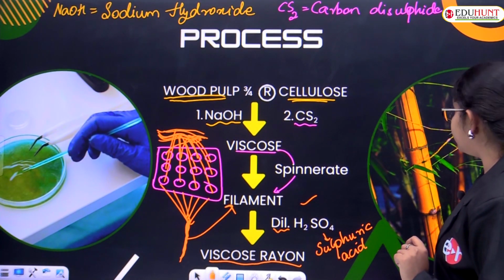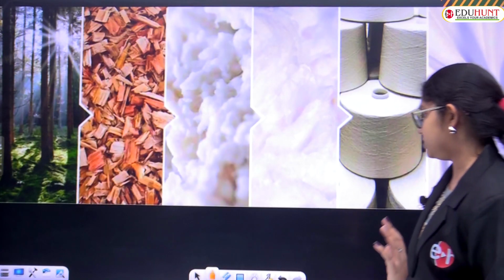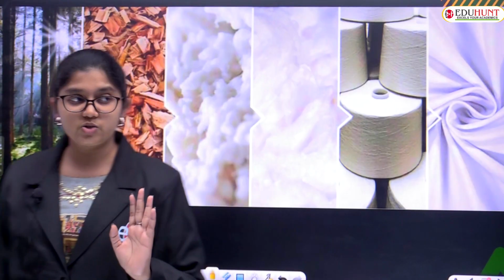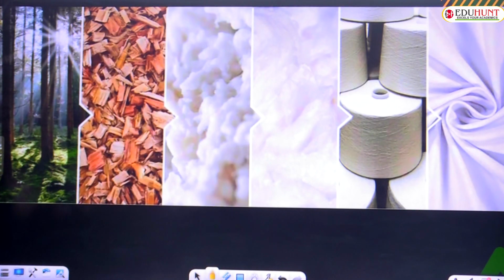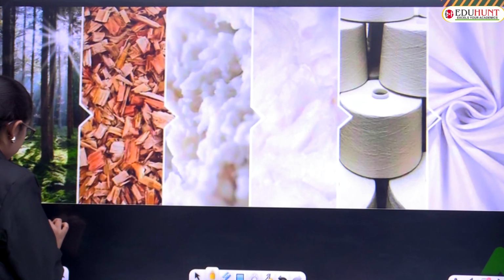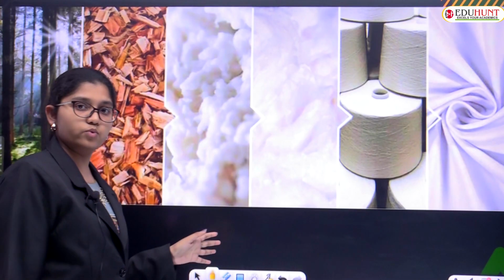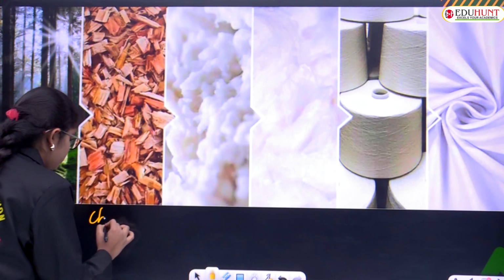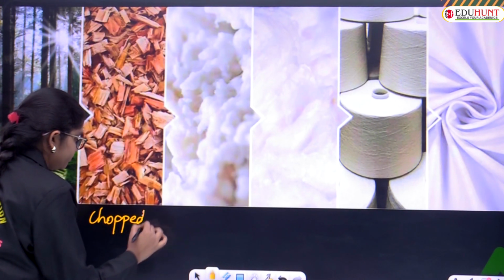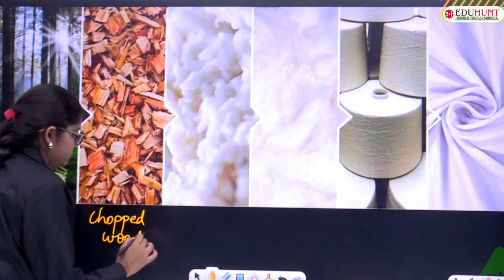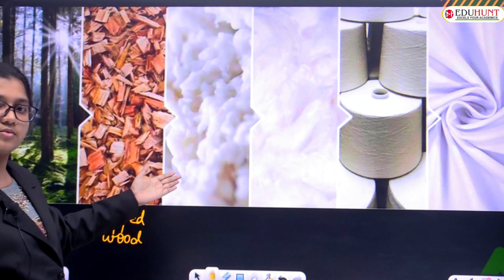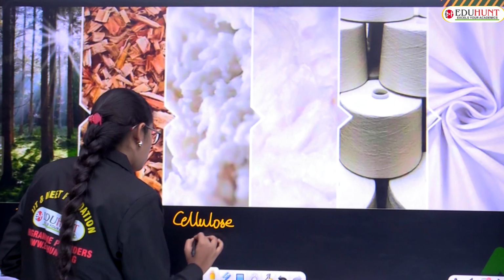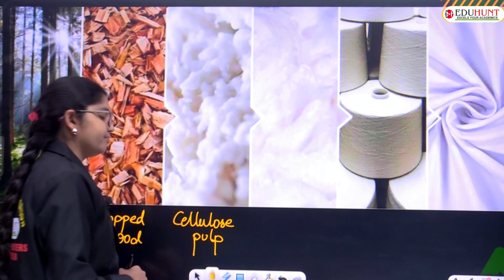Okay, the next slide is all about how it is processed. The names are included over here. We'll see what these names are. First one, what are these? These are trees. After that, this is wood, the chopped wood. Next, what is this now? The obtained cellulose pulp.